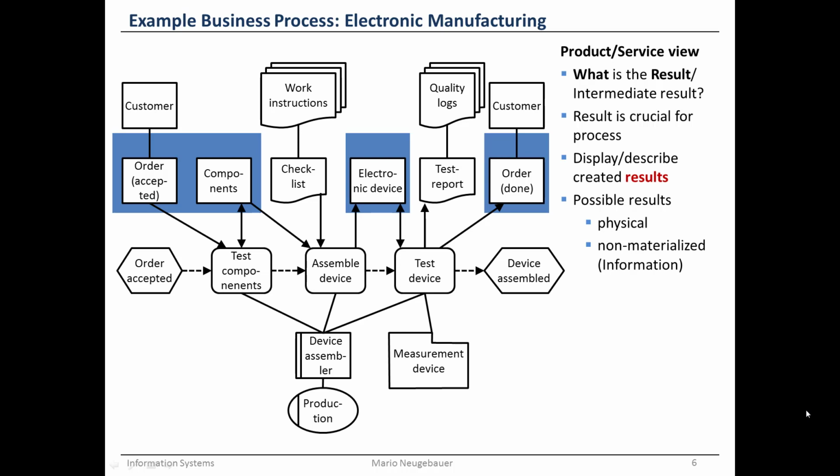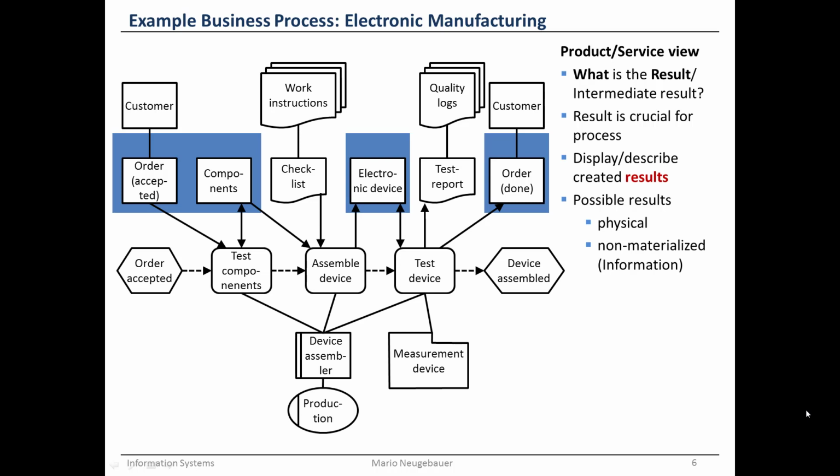So regarding our small process, we would have 4 different products or services or information products also, which are important for us. First one is the order, which is accepted. Second is the component, which is used in testing the component and in assembling the device.